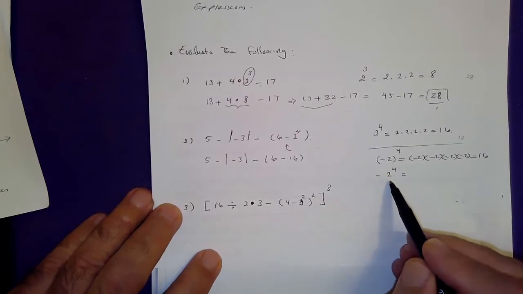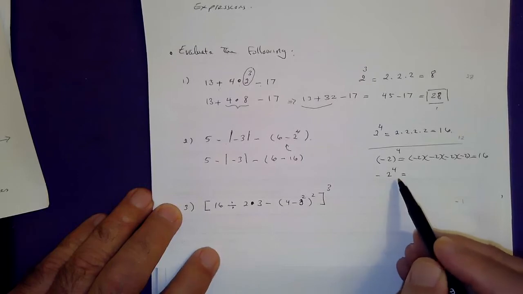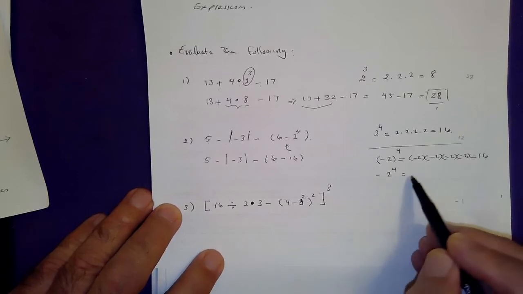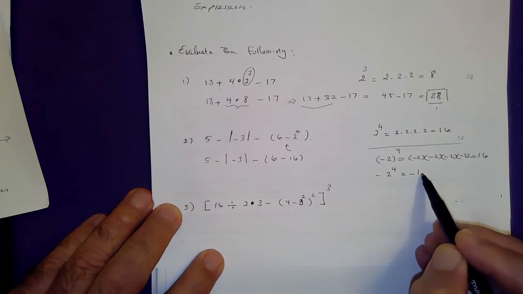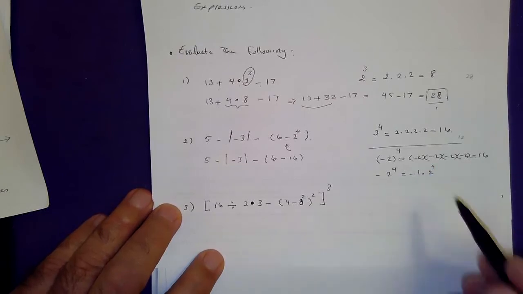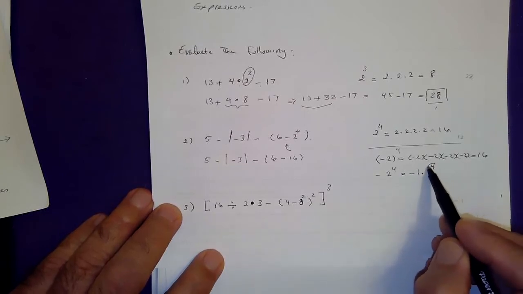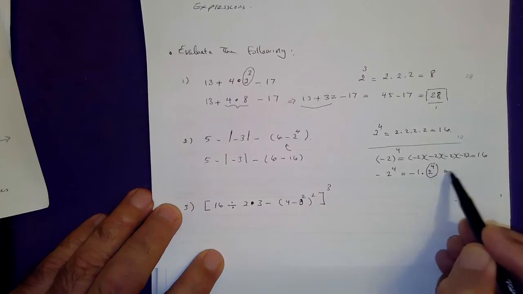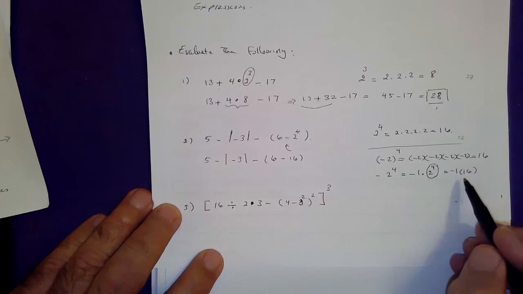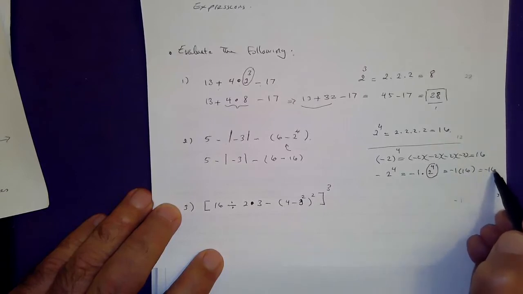However, if the number doesn't have parentheses, this is order of operation. Believe it or not, this is like negative 1, which you don't see, times 2 to the 4. So order of operation says you got to do this guy first, which is 16, but negative 1 times 16 is negative 16.